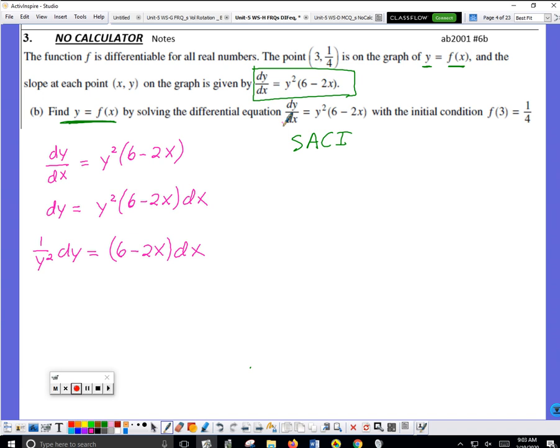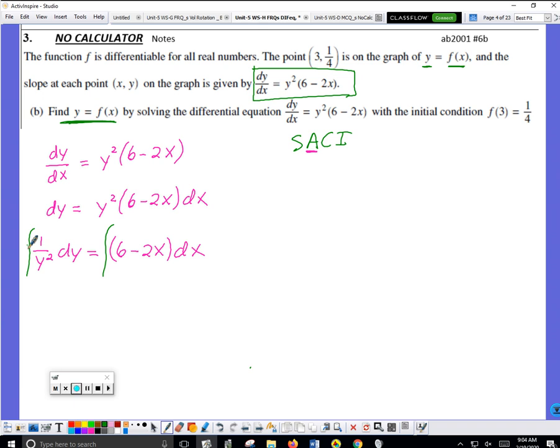Next thing, A, anti-differentiate both sides of the equation. Caution. It's very common to think that you use the ln rule here. You do not, because it's not 1 over y, it's 1 over y squared.